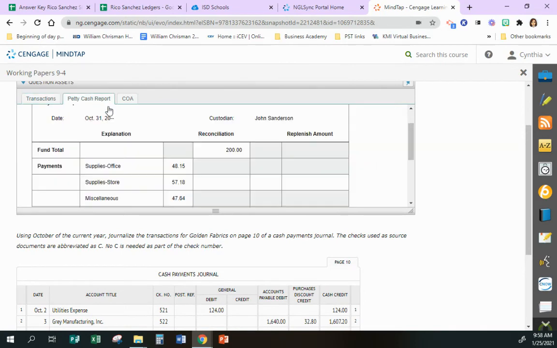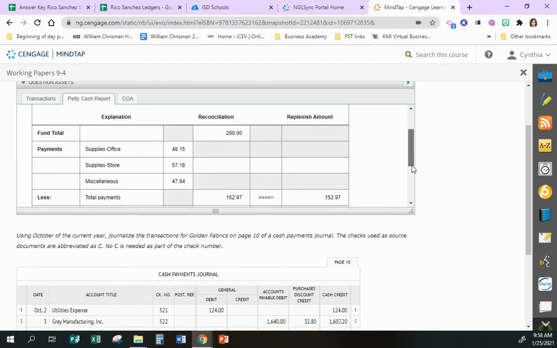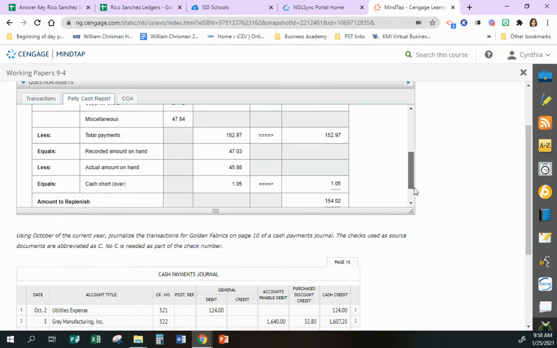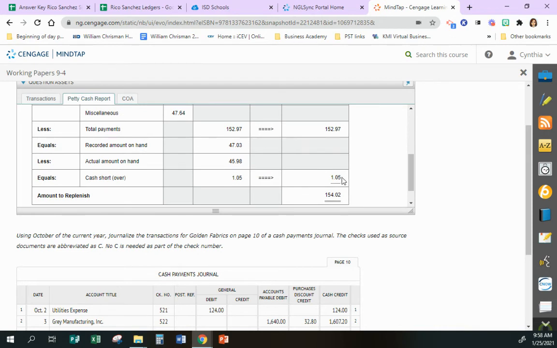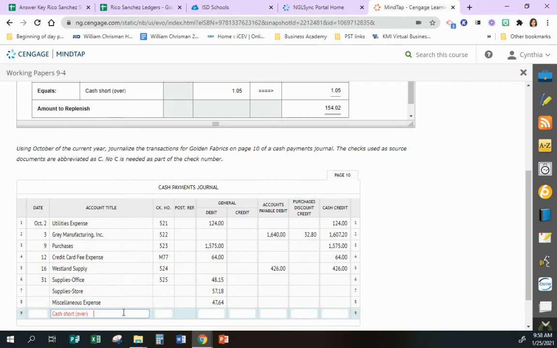But if you go back to your petty cash report, we also have, when you add those up, an overage here. Shortage or overage. That's going to be, copy that. The reason it's red is because of those parentheses. So if you don't want those parentheses, you could type in cash short and over, or you could just go to the chart of accounts and copy it.